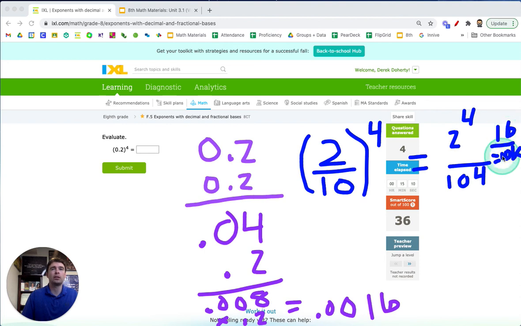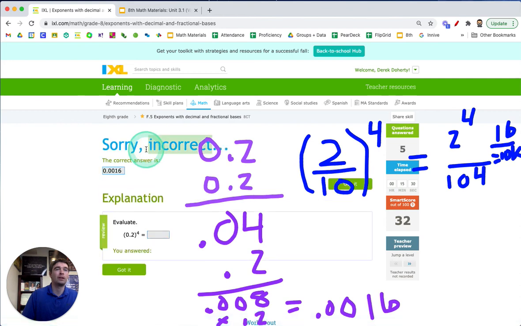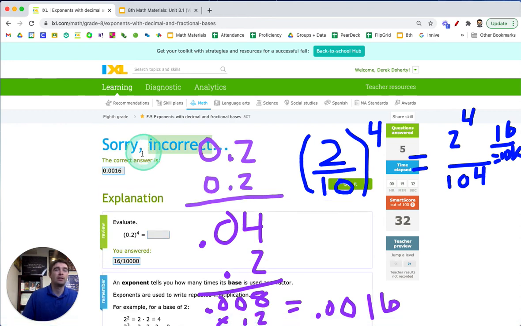And 16 over 10,000 is the same thing as saying 16 10,000ths, or 0.0016. I'm curious if they're going to take the fraction, so I'm going to put 16 over 10,000 here, but I think they're going to mark me wrong because they like you to simplify usually. Yeah, they're going to make me put in a full number answer. So you see, they said the correct answer is 0.0016.